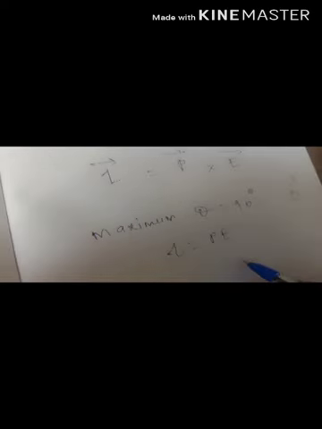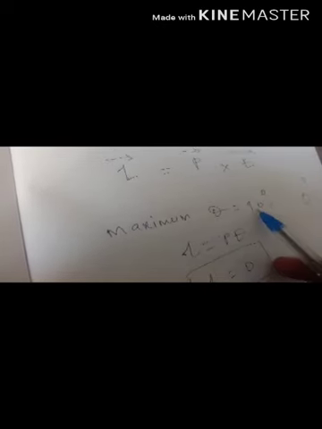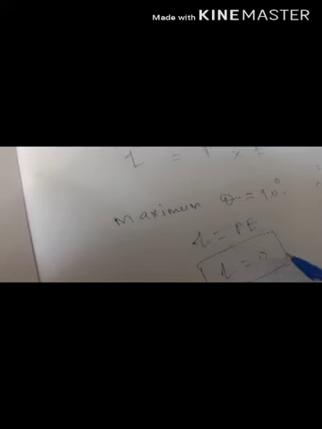The torque is maximum when theta is equal to 90 degrees, because sin 90 is equal to 1, so torque is equal to pE. The torque is minimum when theta is equal to 0 degrees, because sin 0 is equal to 0, so torque is equal to 0.